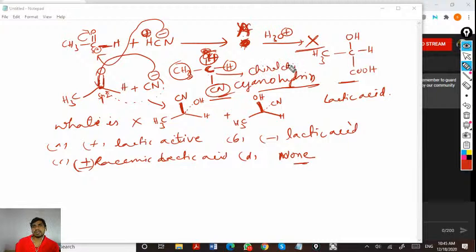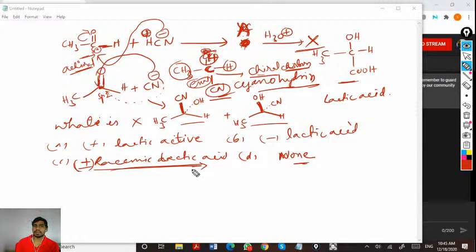Whenever a chiral carbon is forming from planar compounds or an achiral carbon, which is not having four different groups, there will be two isomers, or enantiomer formation, in a racemic mixture.